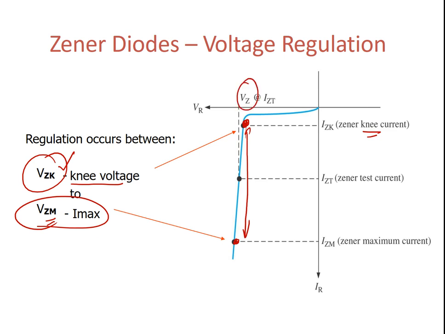After that, if you cross the maximum current limit, the breakdown of the Zener diode will happen. If you increase the voltage beyond the limit so that the flowing current becomes very large, the Zener diode will break down, and after that you will not get a constant voltage level.